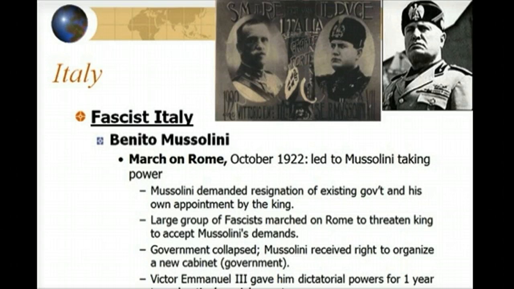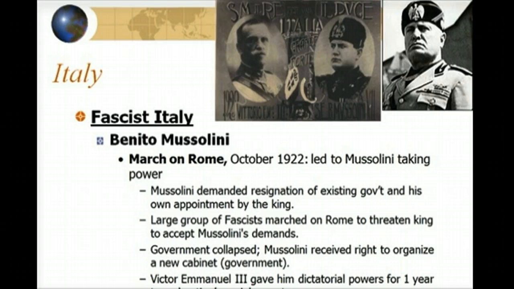But anyway, Mussolini is going to orchestrate a march on Rome in October of 1922, in which he proclaims, "I am the answer," exactly how fascism comes to power, and it will lead to him taking power. On this march on Rome he is going to demand the resignation of the existing government and his own appointment by the king.